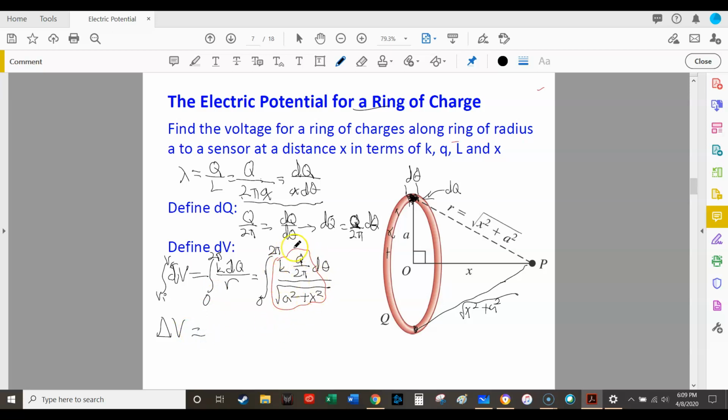All of this is a constant, so I'm going to call that kq over 2 pi times the square root of a squared plus x squared, because that is a constant. And so now comes our integral, 0 to 2 pi d theta. Again, this entire thing is a constant.